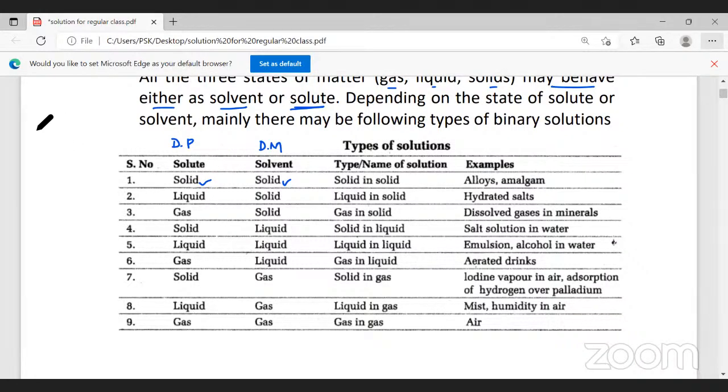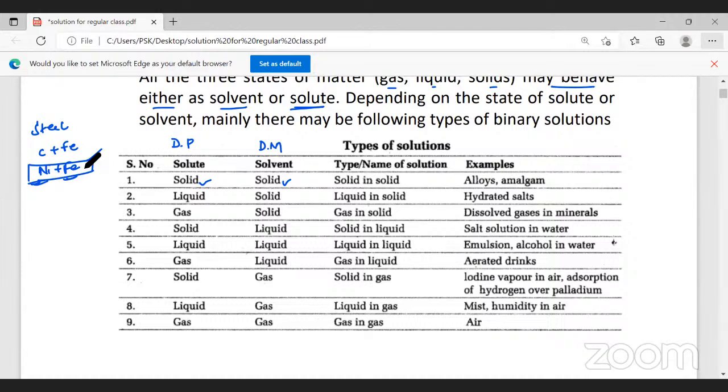I took an example, steel. Steel contains carbon and iron. It also contains other metals like nickel and iron. Nickel will be in small quantity, iron in large quantity. So a mixture of 2 metals which appears to be a single metal is called an alloy. Yes or no?